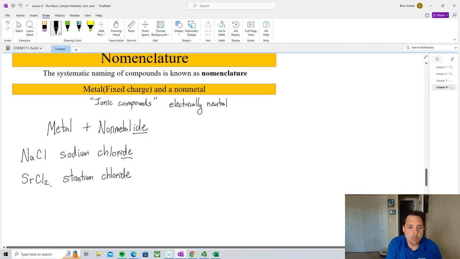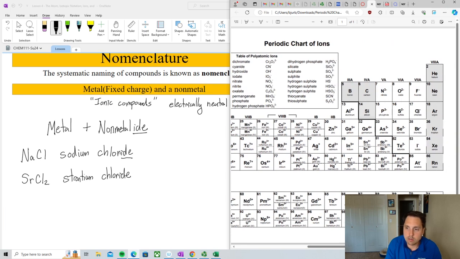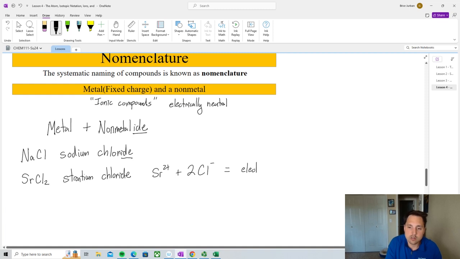Okay. Now, why is there 2 chlorines here? Well, it needs to be electrically neutral, and we can see here strontium is a 2+ charge, and chlorine is typically a -1 charge. So we have a 2+, and we have 2 1- charges. Those cancel out to be electrically neutral.